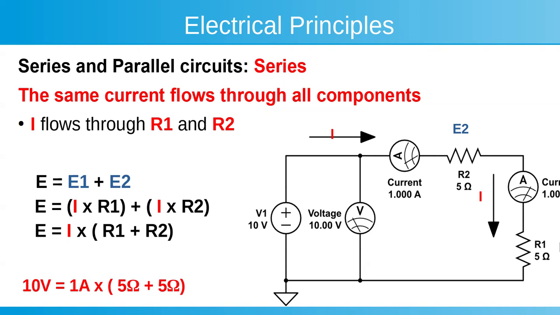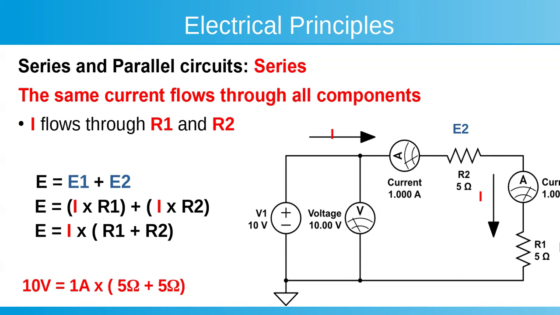Okay, we'll talk about series and parallel circuits. We'll just use resistors for now because we've only learned about resistors. In a series circuit you have 2 or more series components, and we're showing 2 resistors in series. Those little voltmeters and ammeters are just there to show you the currents and the voltages.